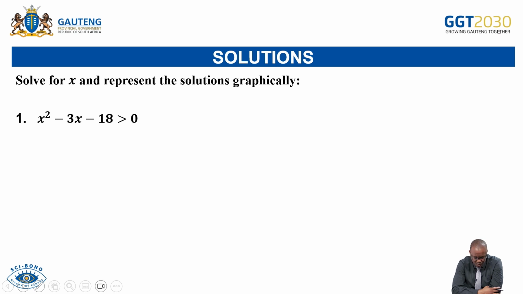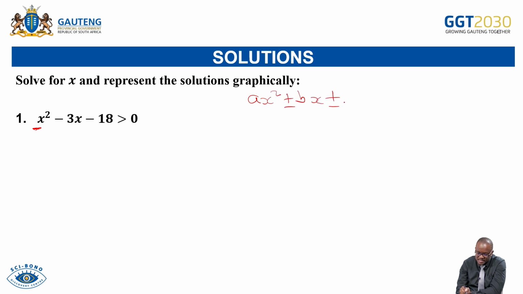We have x squared minus 3x minus 18 greater than 0. Correct. So what you do here before you solve this, always make sure that the leading coefficient, in ax squared plus or minus bx plus or minus c greater than 0, is positive.